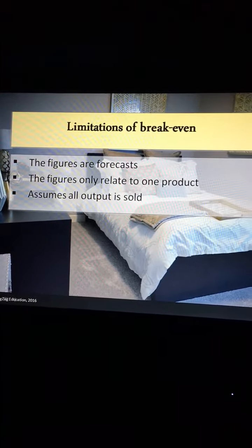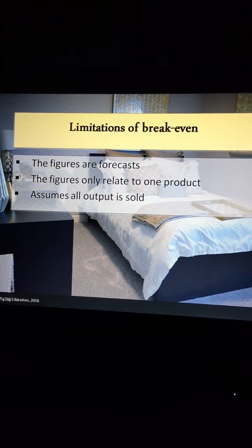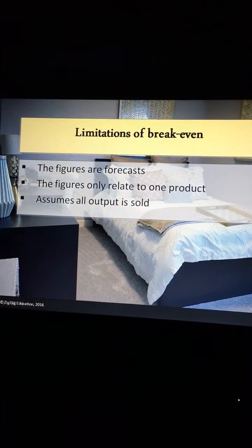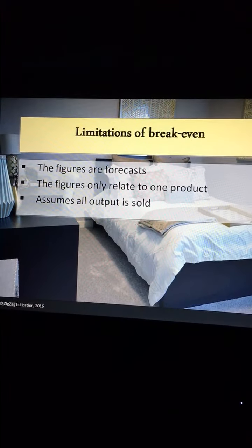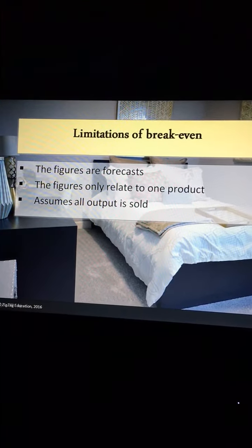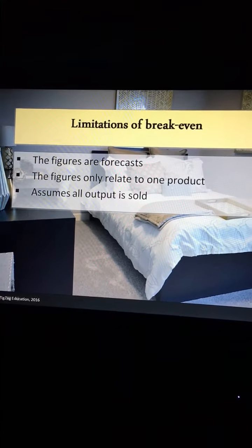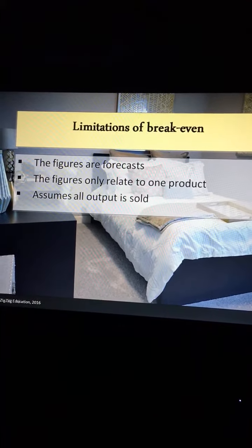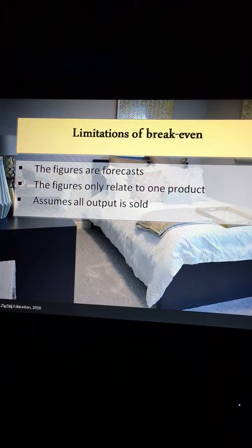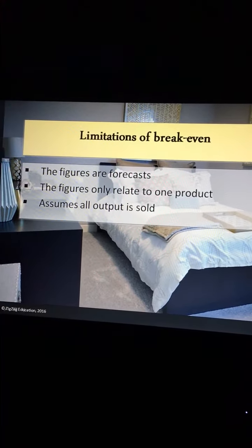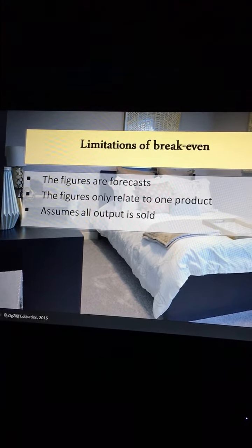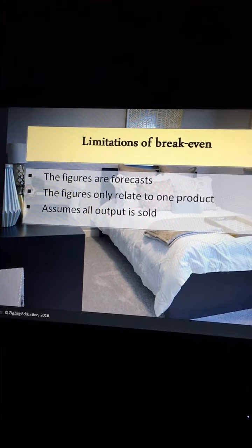If it's year on year, then you've got more information to make judgments on. The figures only relate to one product line, so you might have to do a break even for each product you sell. And they also assume that all the products you make are sold, and that's not generally the case in business. You could have some stock left sitting on the shelf that's not sold, but the break even calculations presume it's all sold.